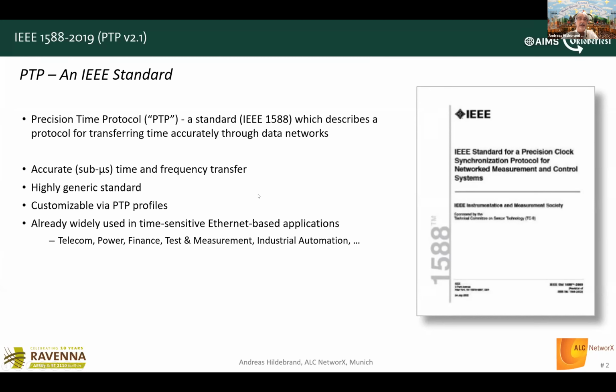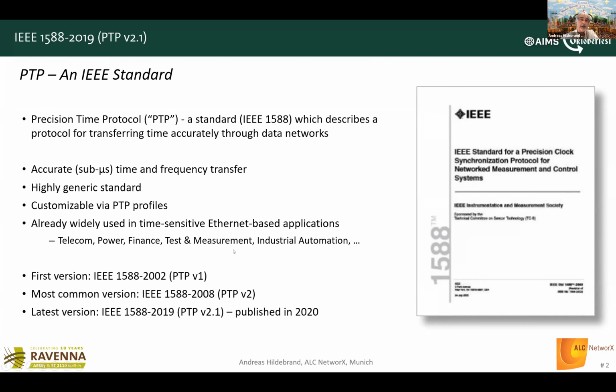On the contrary, it's been used by a wide range of time-sensitive applications in the wider industry: telecom, power, finance, industrial automation, and medical, which is actually where it originated in the early days. So a huge number of different industries rely on time transfer by 1588.